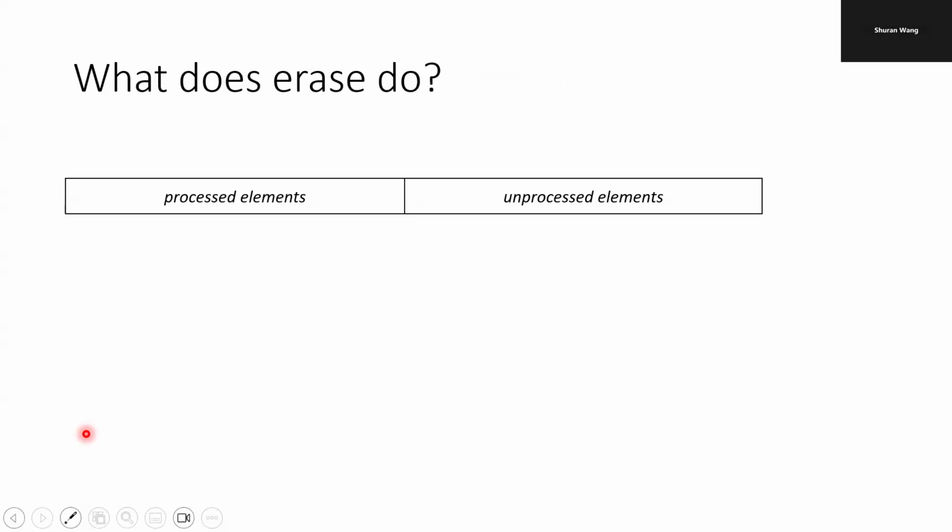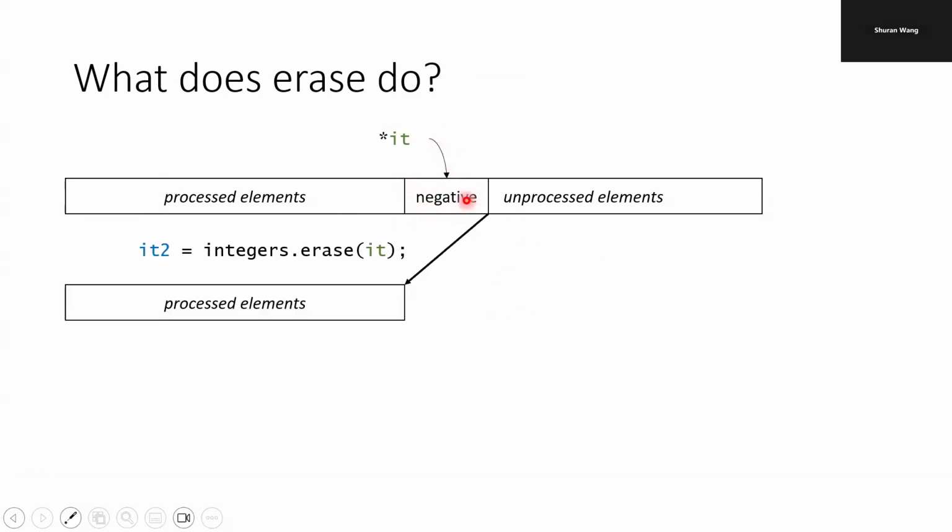What does erase do? How's it implemented, and what's the time complexity for it? Say we have the list of processed elements and we have the list of unprocessed elements. We found a negative value here, and the iterator points to here. We want to erase it. So first, we keep the processed elements.